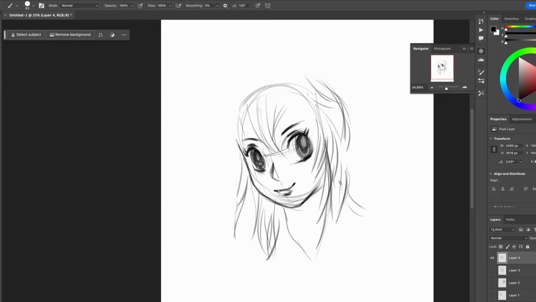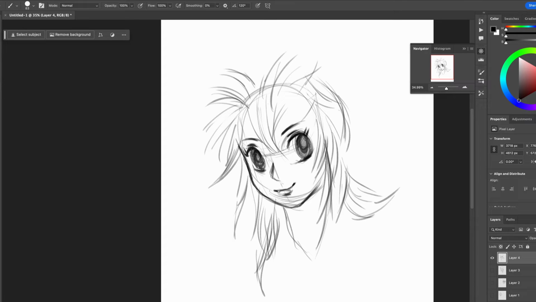But essentially, it's designed in a way that it's used to frame the face, which is not much different from what we do in American comics and animation.